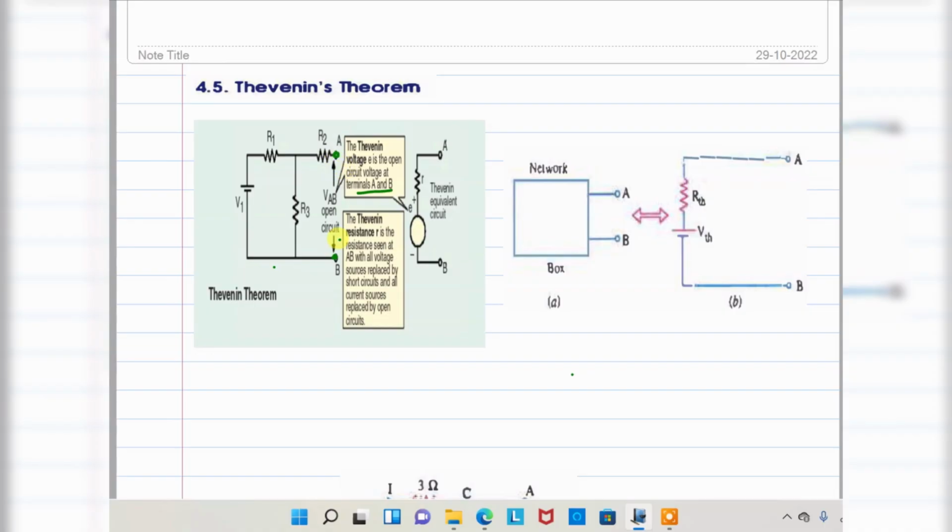So just calculate the voltage across this open circuit, which is nothing but the Thevenin's voltage. So here Thevenin voltage is nothing but the open circuit voltage at open circuit terminals.